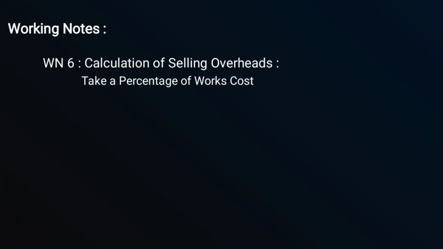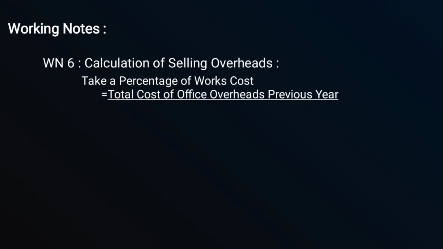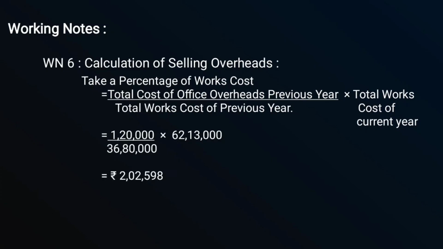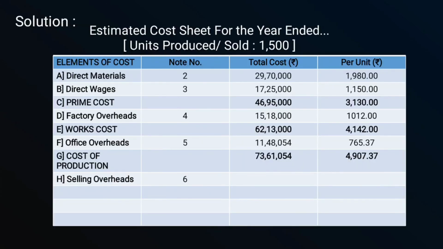Take a percentage of works cost, which will be equal to total cost of office overheads of previous year divided by total works cost of previous year into total works cost of current year, which will be equal to rupees 1,20,000 divided by 36,80,000 into rupees 62,13,000, which will be equal to rupees 2,02,598. So we'll record it in cost sheet.